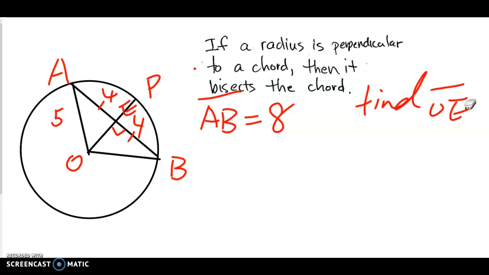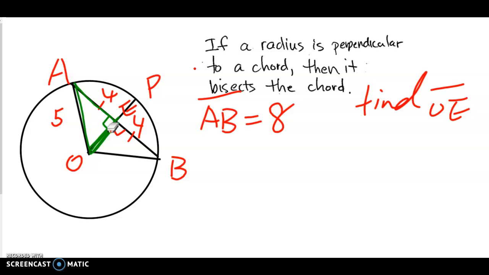Okay. So since we want to find OE, we can highlight OE right here. This is OE. And I can make a right triangle with OE, which is triangle OAE. You see right here. And this is a special triangle, which is a right triangle, because we have perpendicular.